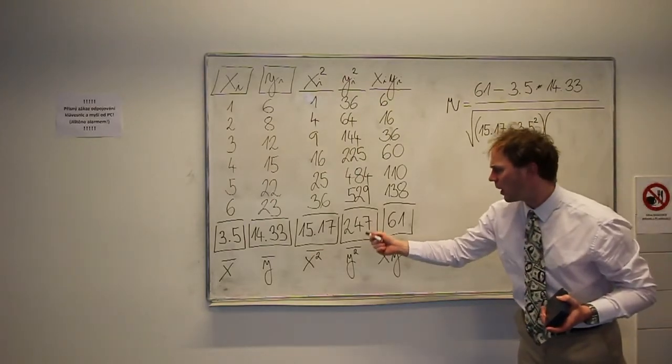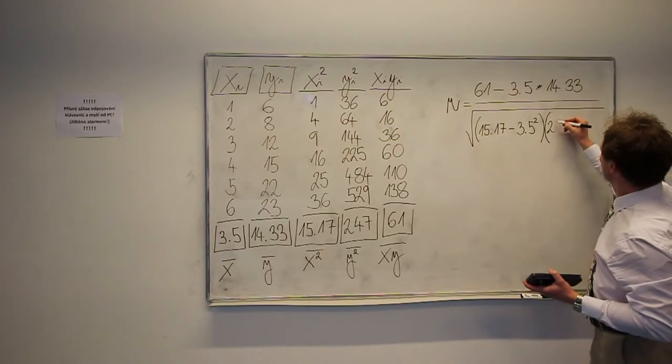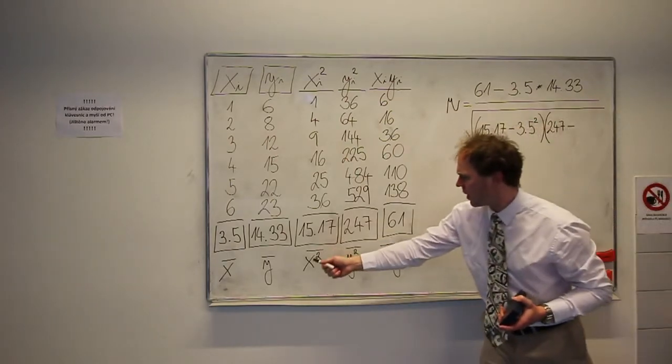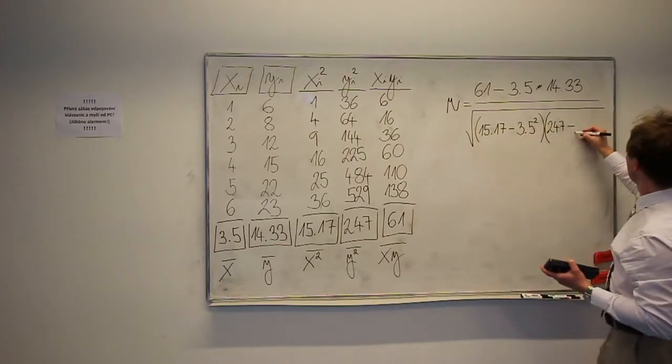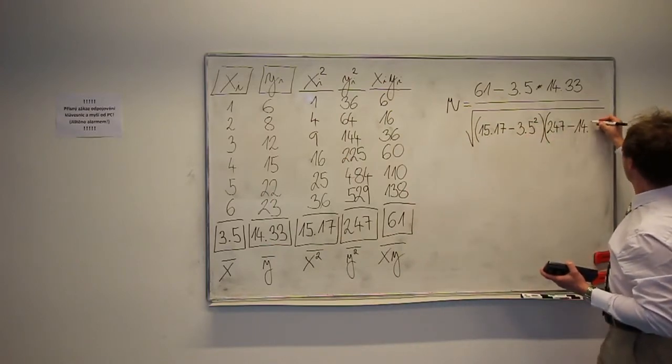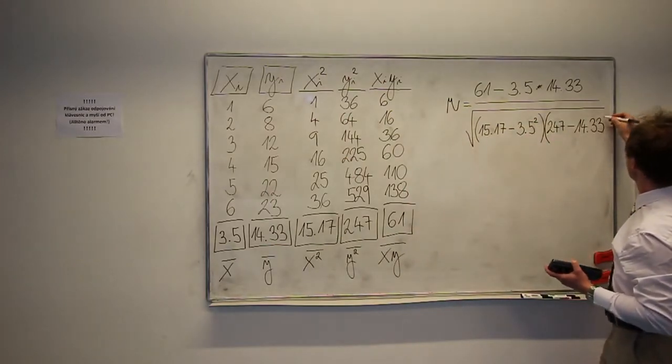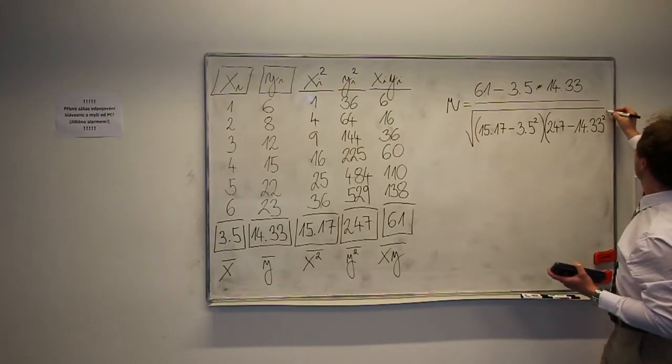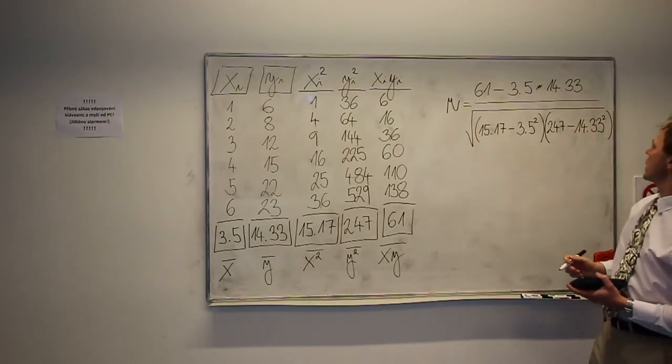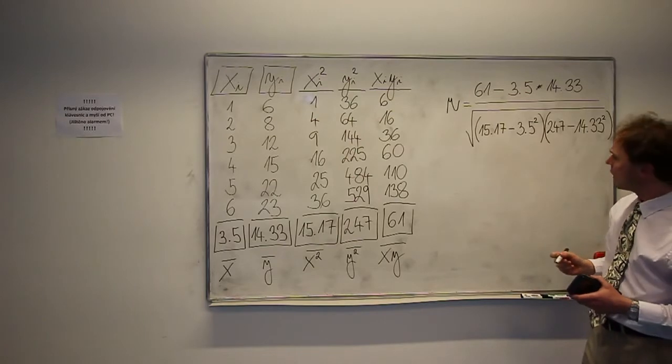So 247 minus 14.33 squared. Yes. Okay, so this is in denominator.